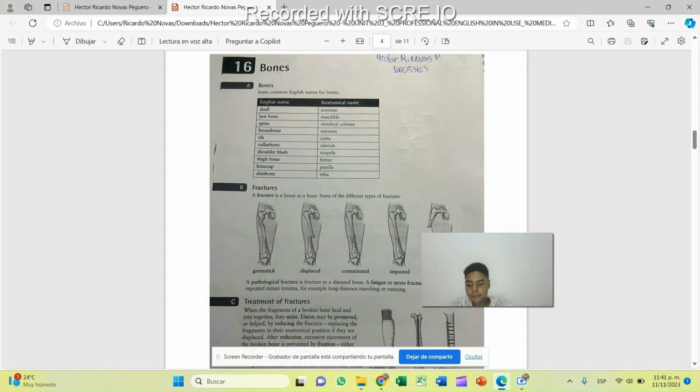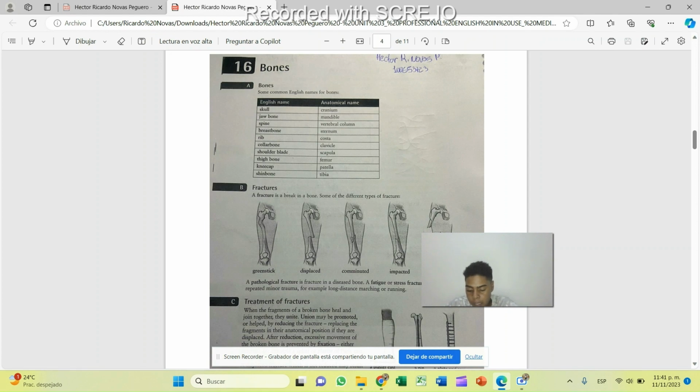Chapter 16. Bones. A. Some common English names for bones. English name, anatomical name. Skull, cranium. Jawbone, mandible. Spine, vertebral column. Breastbone, sternum.